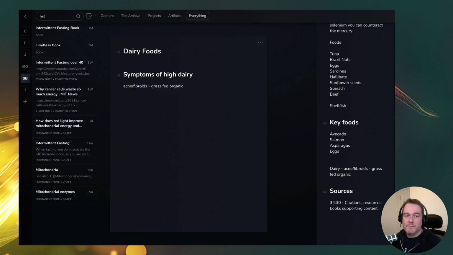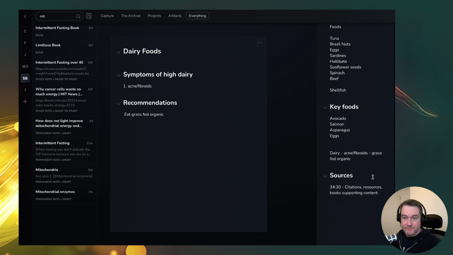So you can get acne or fibroids. Recommendations to eat grass-fed organic dairy. Okay. There's a lot of citations and sources in here which would be interesting to refer to at some point.